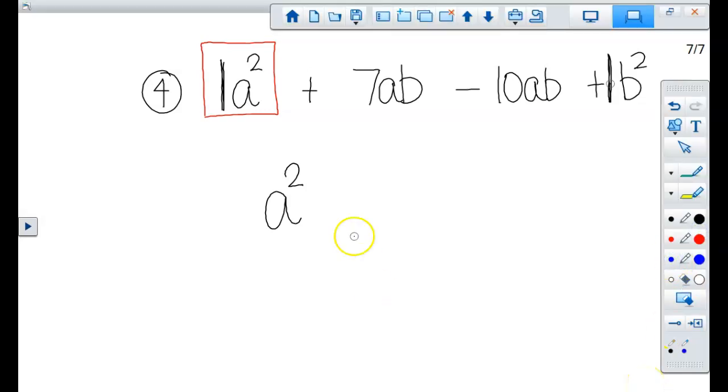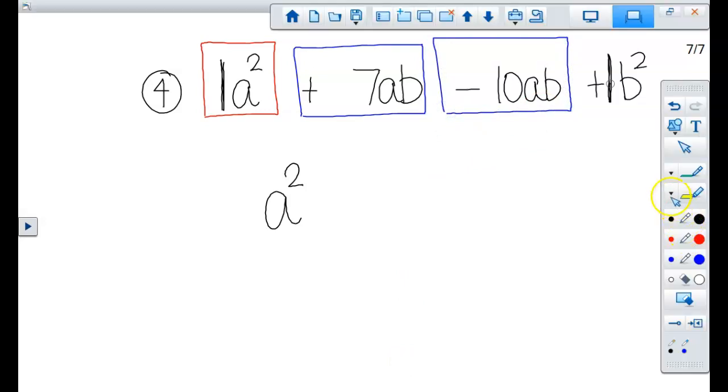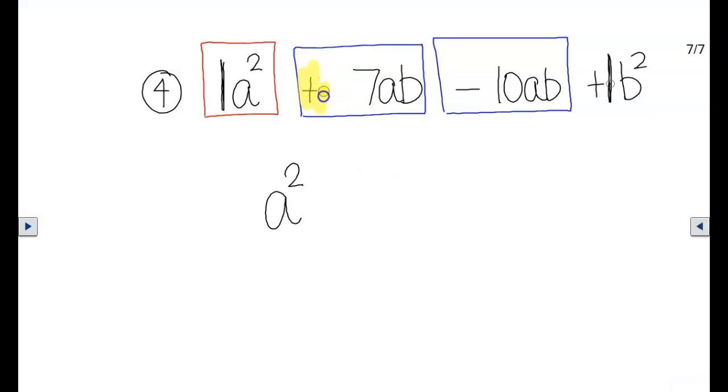All right, trade colors. Your next term is plus 7ab. Now, is anybody else like that? Do they have a last name of ab? And the answer is yes. His next door neighbor has that. So in a blue box, I am also going to mark minus 10ab. Because these two are like terms, I can combine them by putting the number parts together.